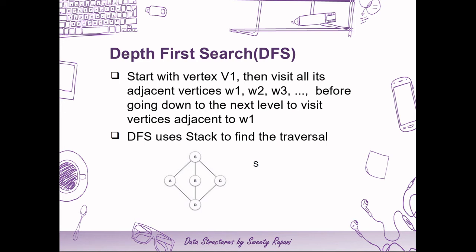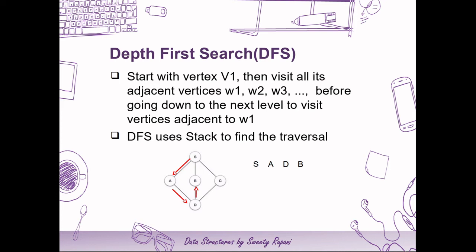So here in an example, I took S as the source vertex. From S we will go to A. A has an adjacent vertex D, so it will process that first. D has adjacent vertices C and B, but B comes first, so B will be visited first.